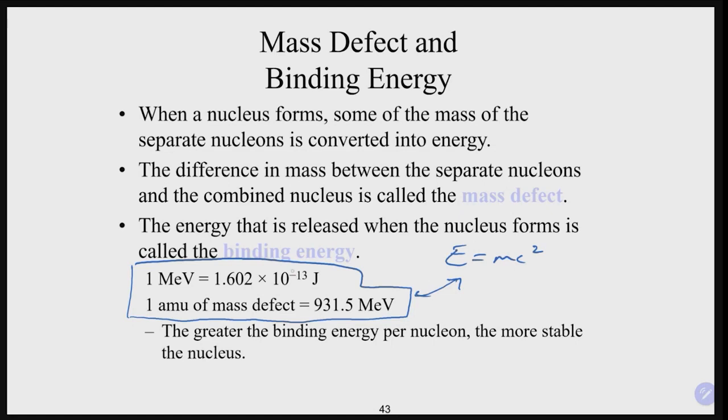It's also a lot of times given in mega electron volts per nucleon or joules per nucleon, which is a measure of stability. So sometimes people use binding energy per nucleon, and you could use it as a measure of stability. The higher the binding energy per nucleon, the more stable something is. 1 AMU mass defect is equal to 931.5 mega electron volts.